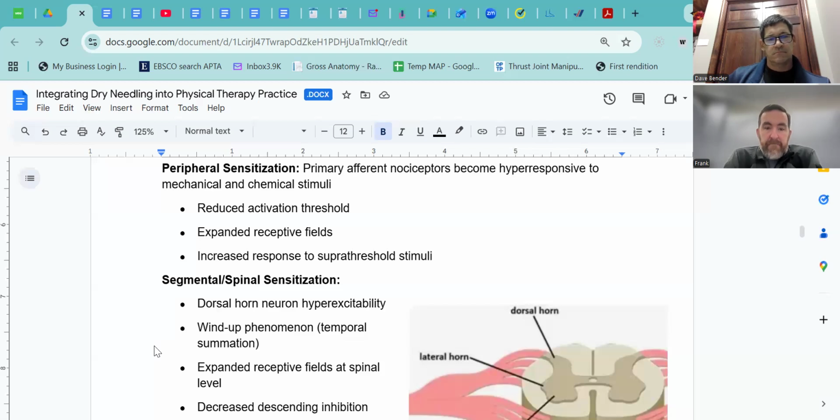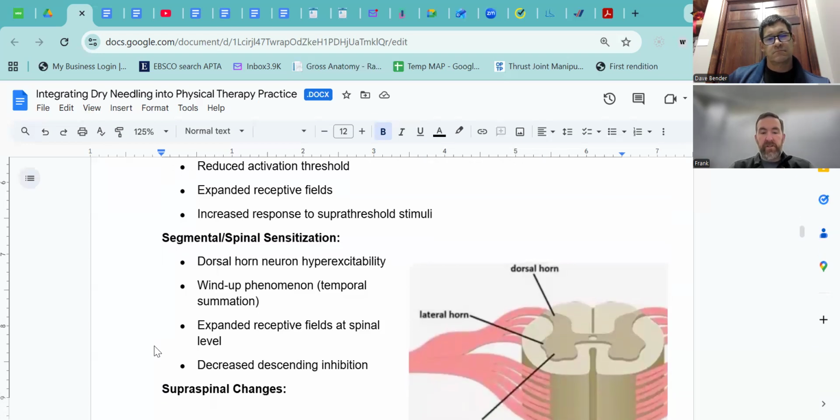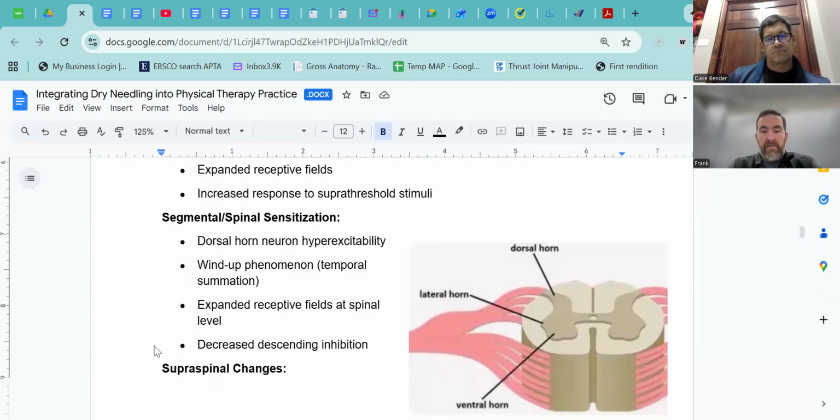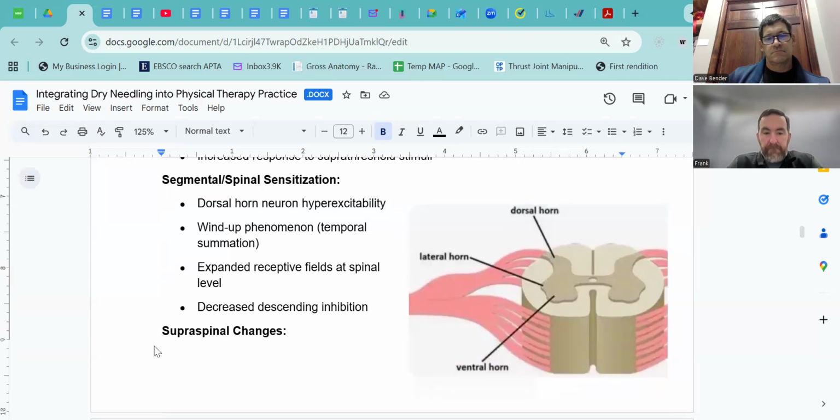So you're thinking, all right, your body is kind of linking these pain inputs in time, and that leads to a bigger wind up in the system. Same thing, you have this expanded receptive field at the spinal level now. So now, hey, all of the levels, maybe at L5, you have this big receptive field, and then this descending inhibition issue.